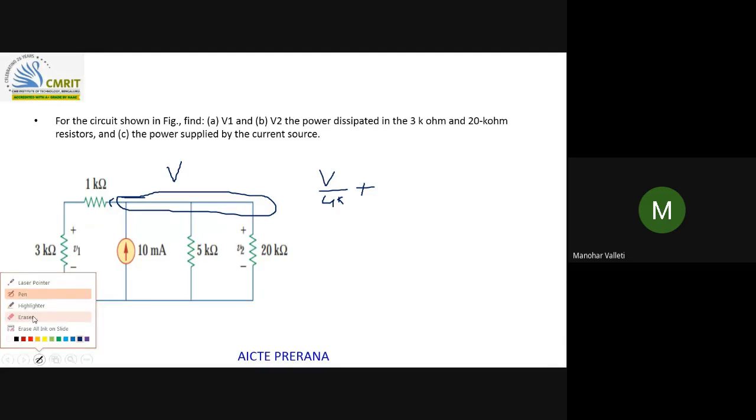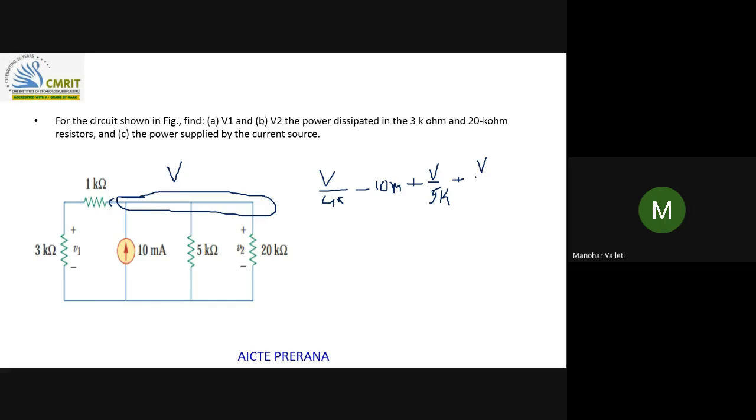So that becomes minus 10 milli plus V by 5K plus V by 20K. So if you solve this equation, you will get V.